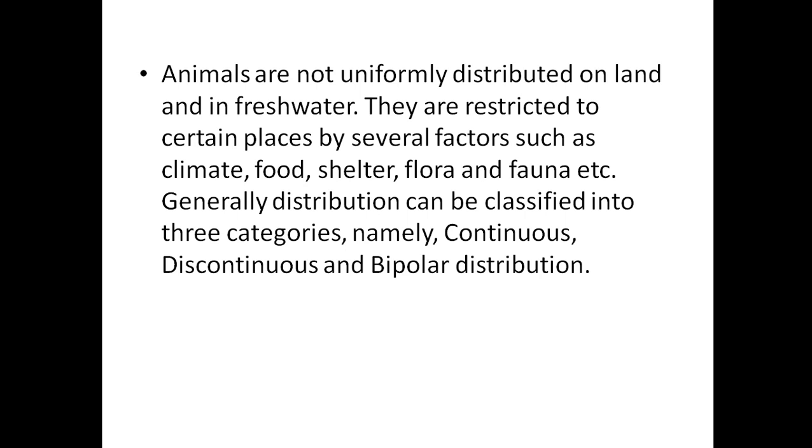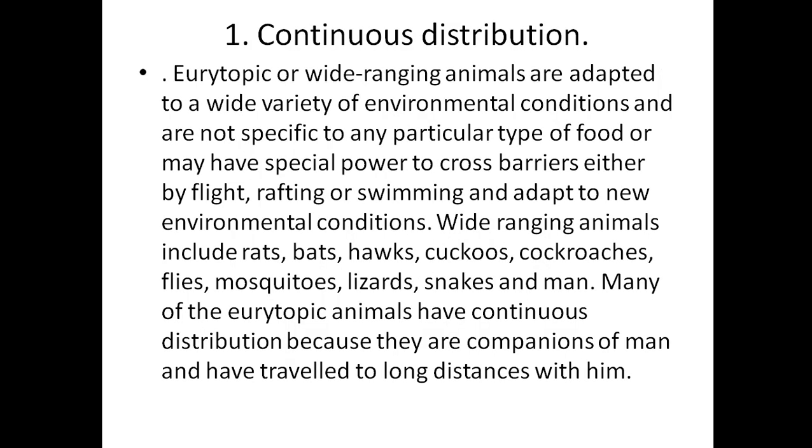There are certain principles which have led to the formation of three categories with respect to the animal distribution. One is the continuous distribution, second one is the discontinuous distribution, and the third one is the bipolar distribution. Probably for the convenience of our study, we can follow this distribution pattern. That is continuous, discontinuous, and bipolar distribution.